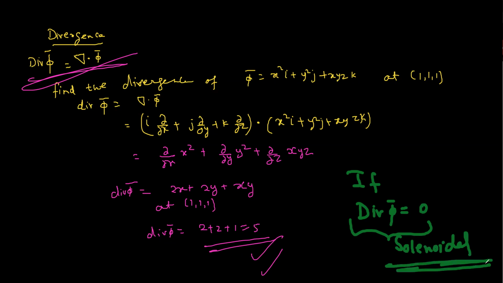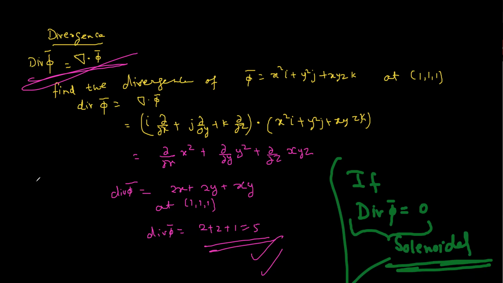The divergence of vector phi is 0. So you can note this. Understood?